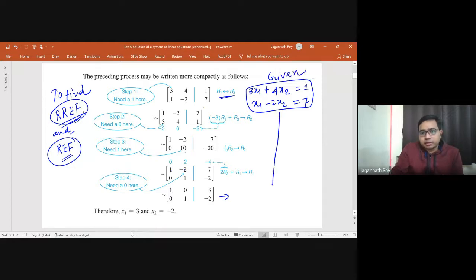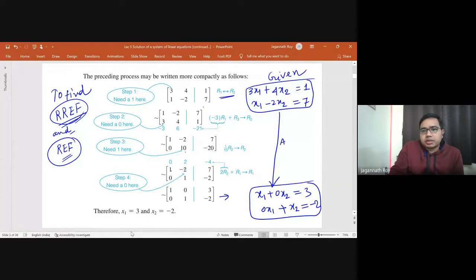What we are doing is we are getting x1 plus 0x2 equals 3, and 0x1 plus x2 equals minus 2. So this is our system after row operations.